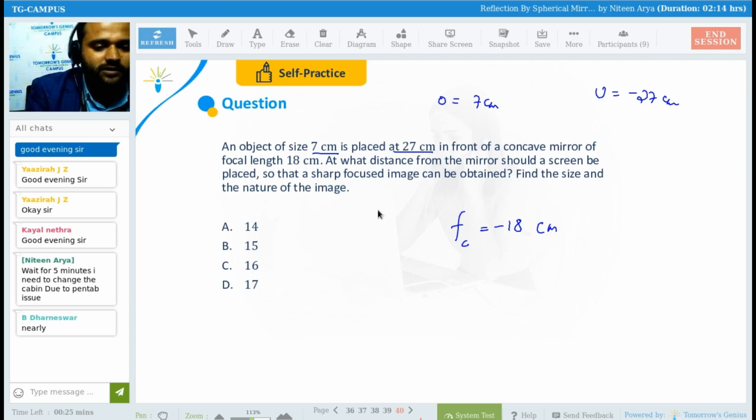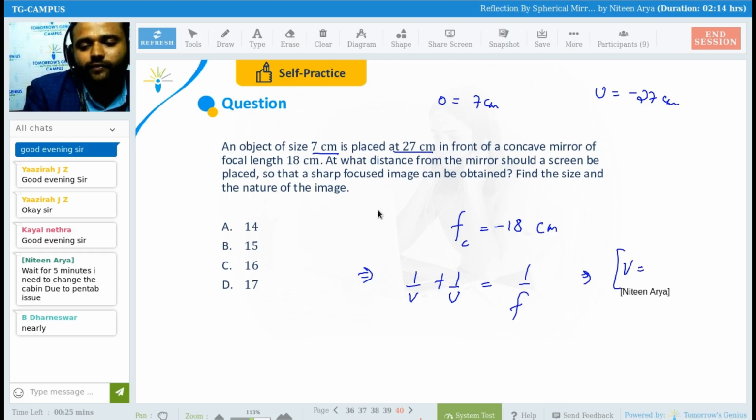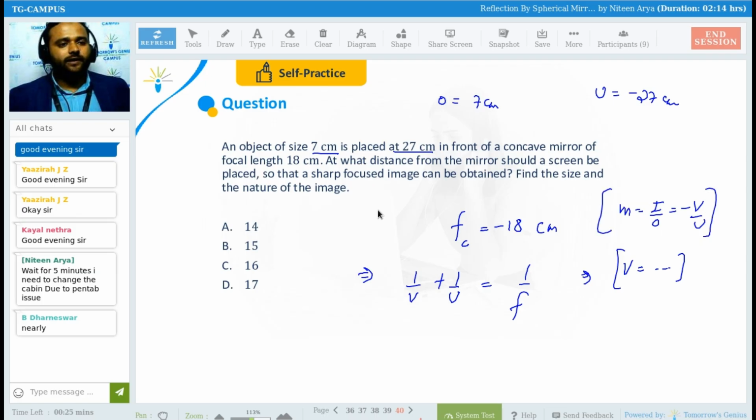Find the size and nature of the image. So automatically use 1 by V plus 1 by U equals 1 by F. Find V. With the help of V, you need to find M equals I by O equals minus V by U. In this sense, we can find I.